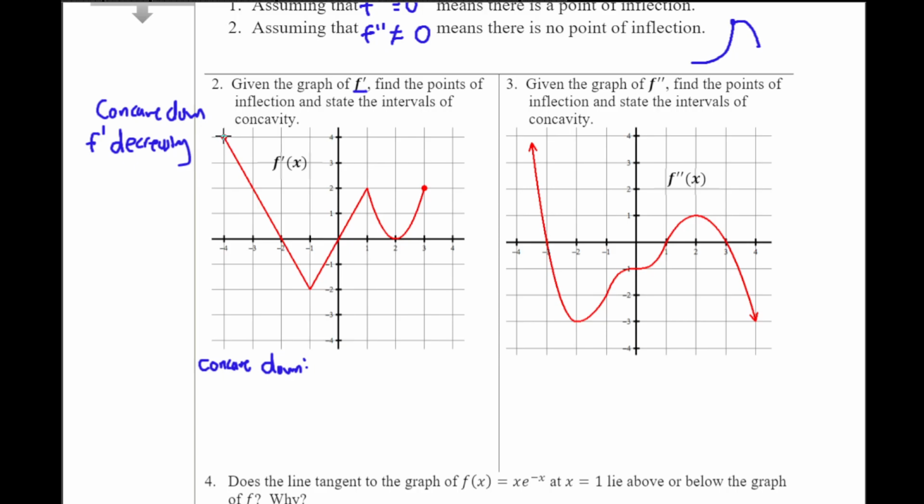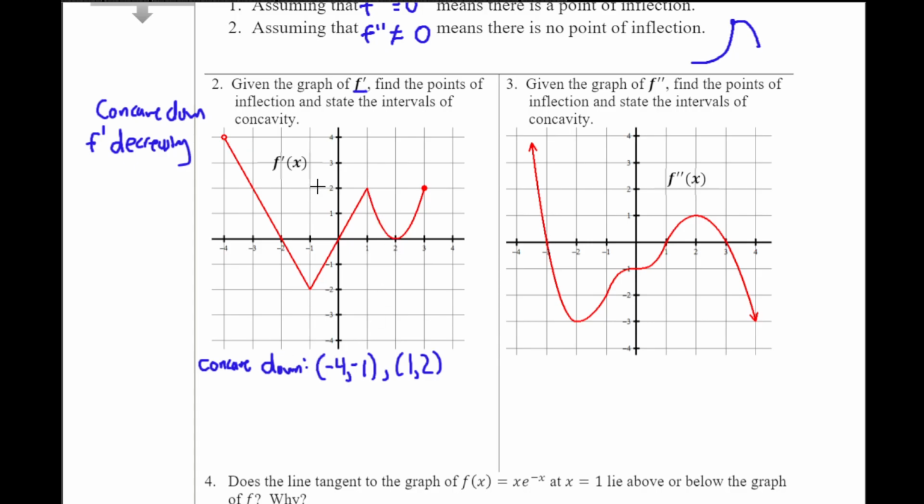You see it's from -4 to -1. So here we have concave down. And then also from 1 to 2, we have f prime decreasing, so it's concave down.